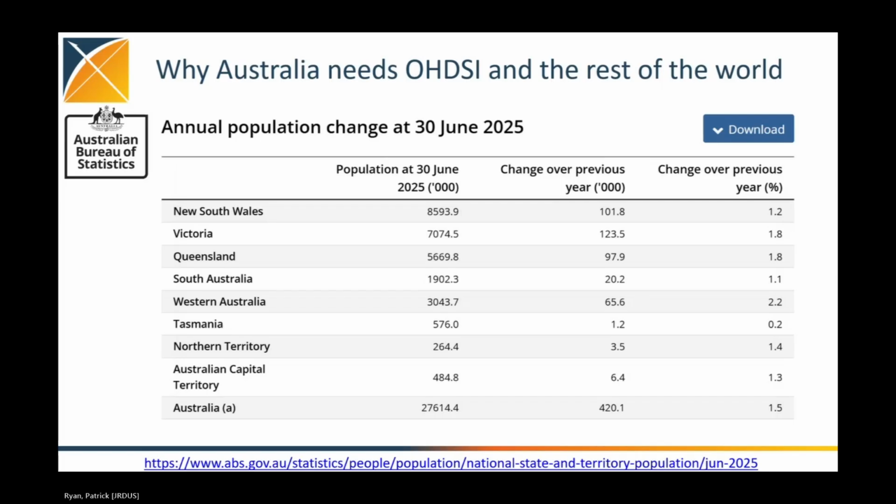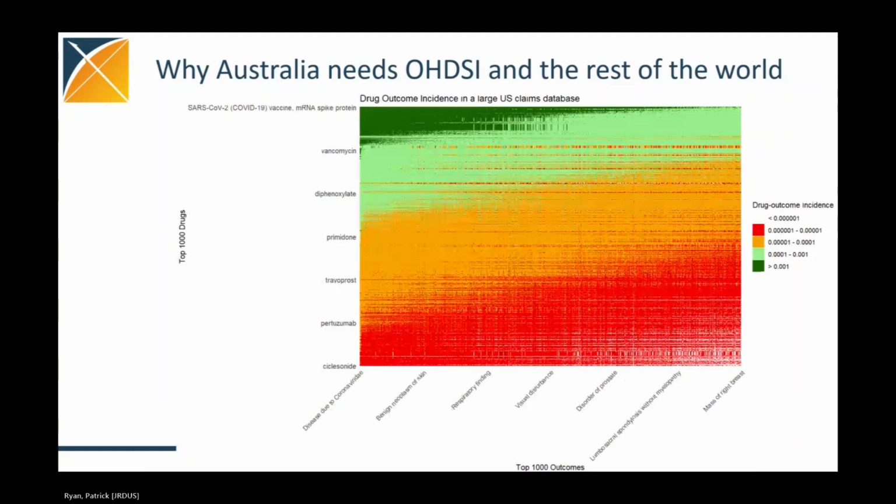Even if you aggregate across the country, 27 million is a pretty decent sized cohort. But the moment you start asking questions about a particular disease or a particular medical intervention, 27 million gets pretty small pretty fast. And to quantify that exactly, I've done this analysis that I'm quite fascinated by. I think some people get bored by it, but I think it's pretty fun.